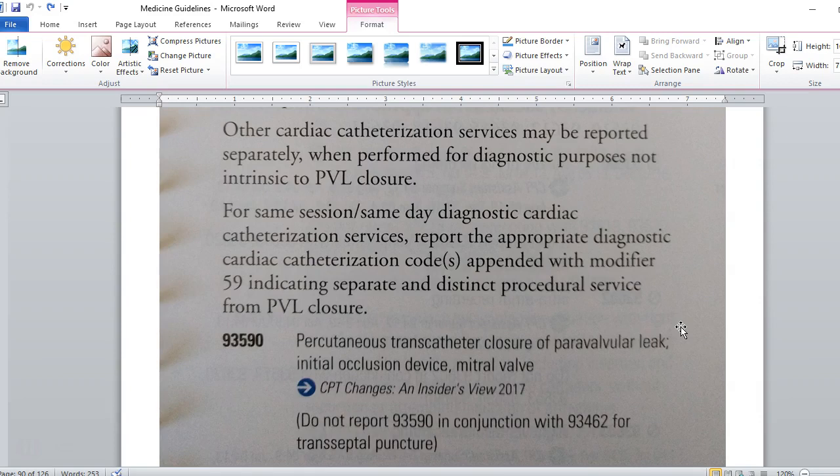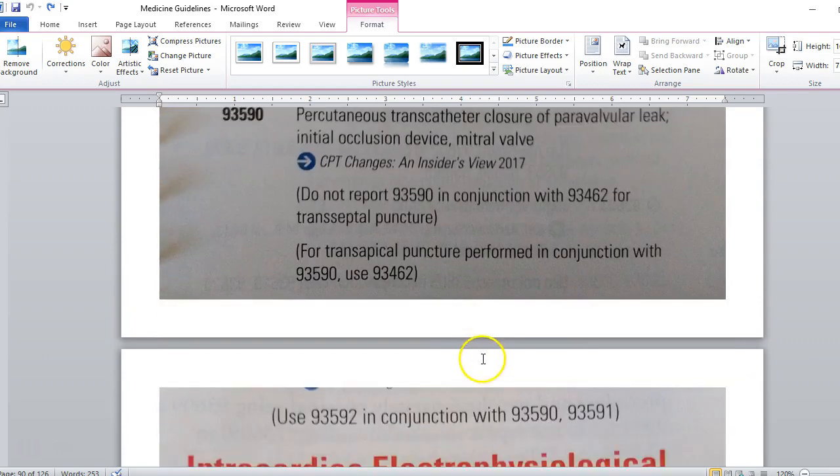So if we went in originally to do a right heart catheterization, and we see a perivalvular leak, then we go in and fix that valve, we have to put a 59 on the catheterization code saying it was separate and distinct. Or we could be doing a PVL closure on the right heart, and then a left heart catheterization, or vice versa. So again, the modifier 59, because it is a distinct service.